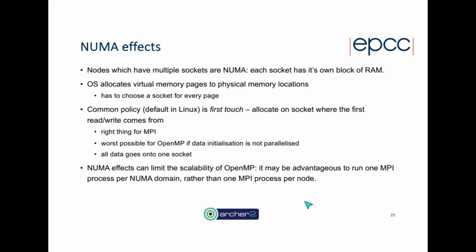So that's clearly the right thing for pure MPI, but it's potentially bad for OpenMP if we haven't parallelized our data initialization. What that means in practice usually is that the NUMA effect will limit the scalability of OpenMP, and in almost all cases, it's advantageous to run at least one MPI process per NUMA domain rather than one MPI process per node.